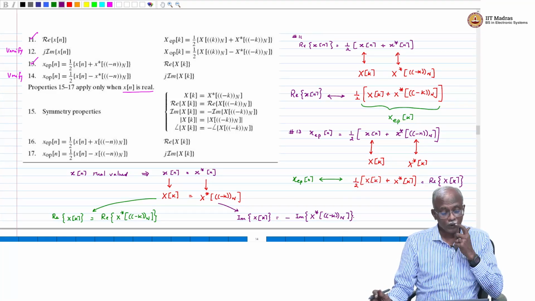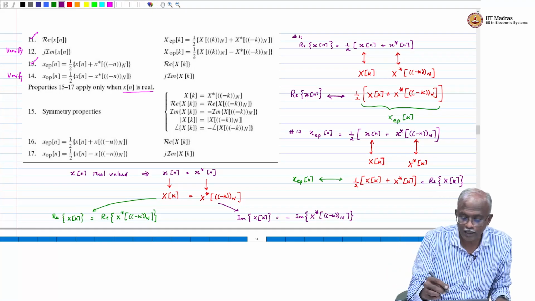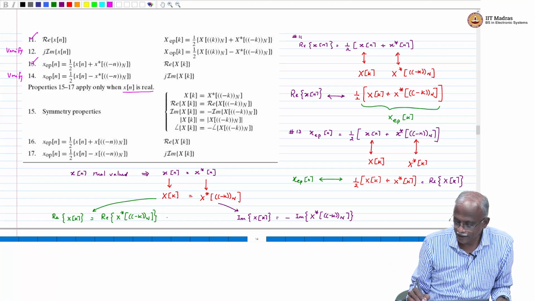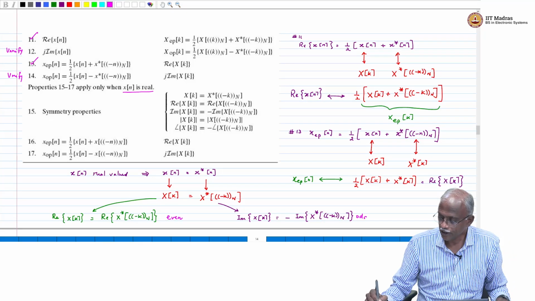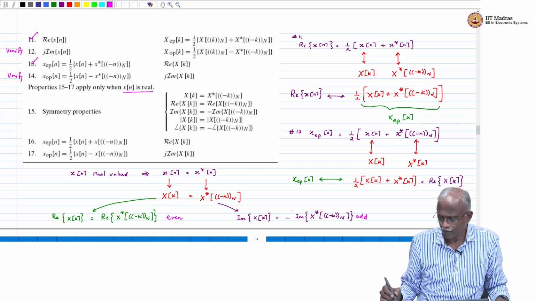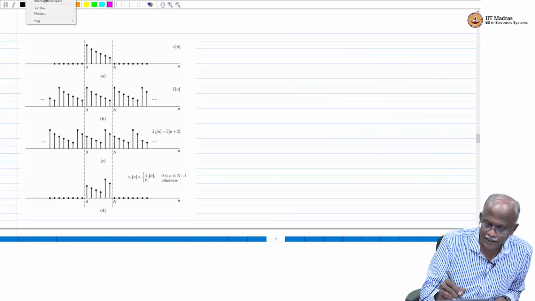Given that the real part is an even function, the real part is the even function. The imaginary part is an odd function. Just one more step and then we get the result that we are interested in.